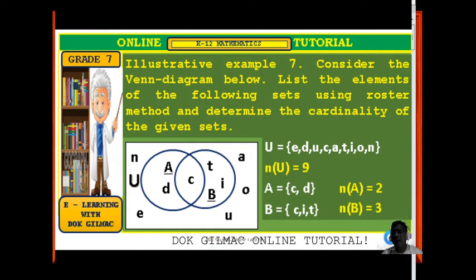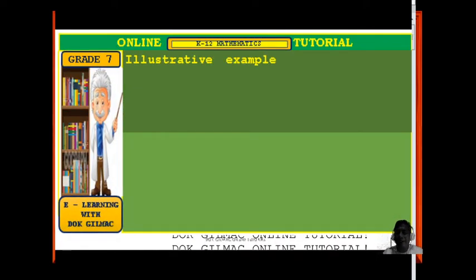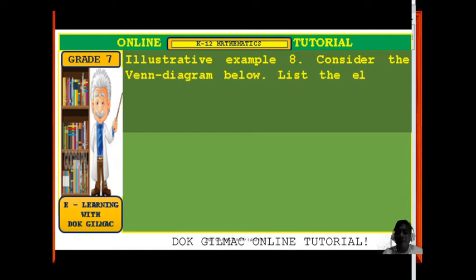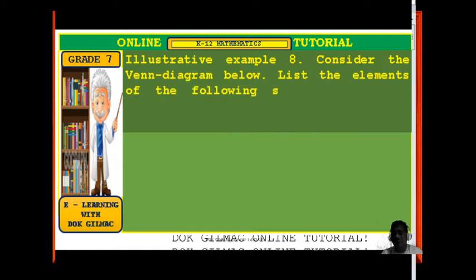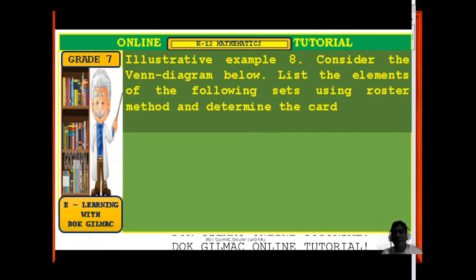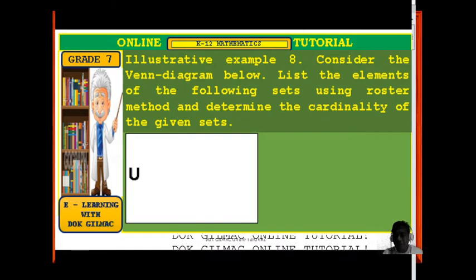Now, let's have example number 8. Again, we consider the Venn diagram below. We list all the elements of the following sets using roster method and determine the cardinality of the given sets. So again, we have the universal set.